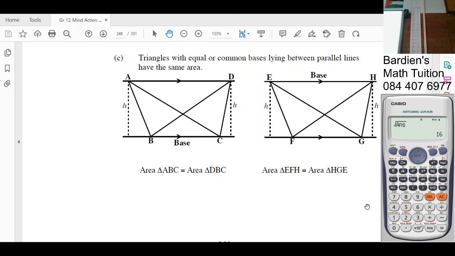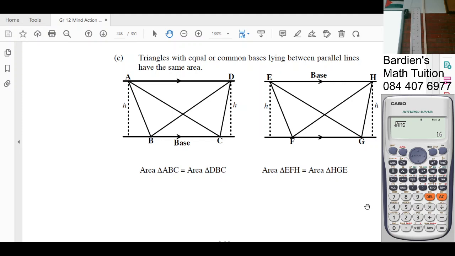The area of triangle DEF will also be half. What will this base be? 2. And what will this perpendicular height be? Also 4, because it's lying between the same parallel lines. Can you see that, people?